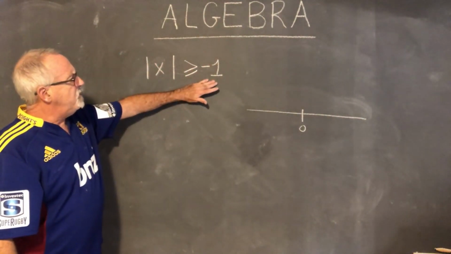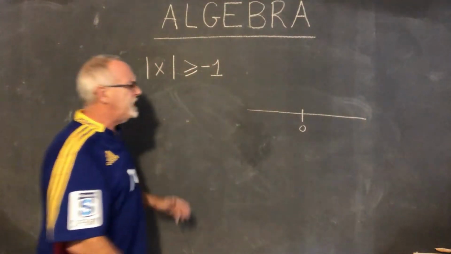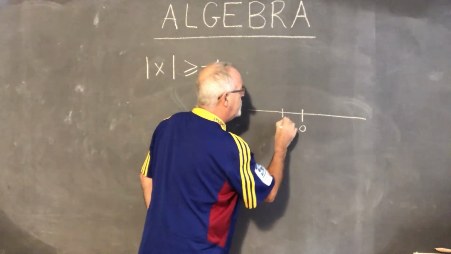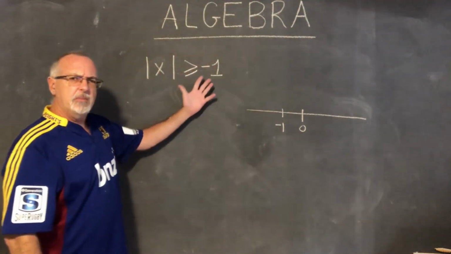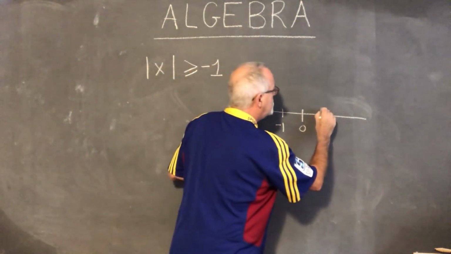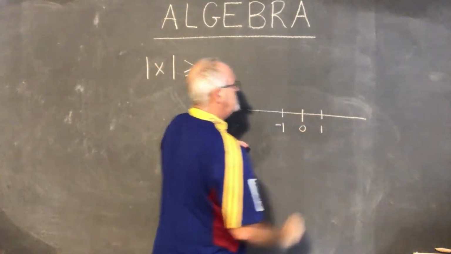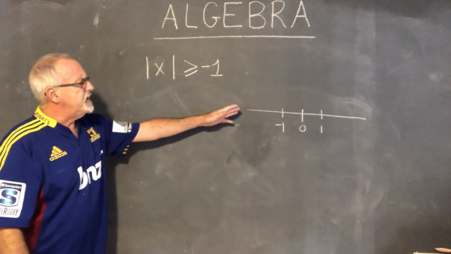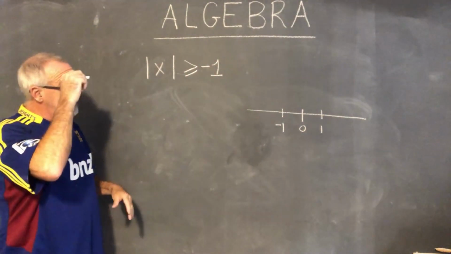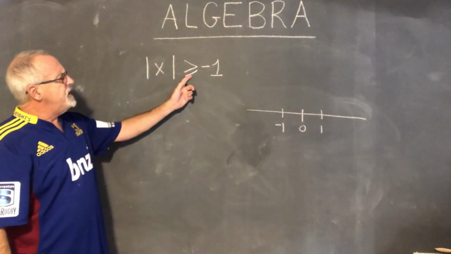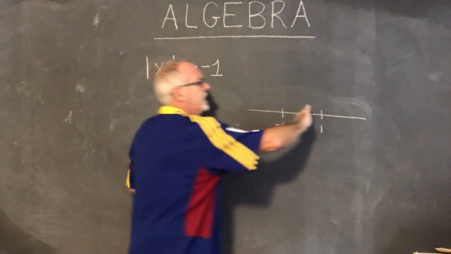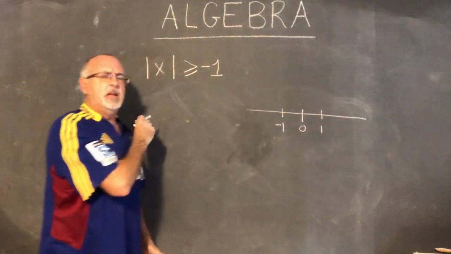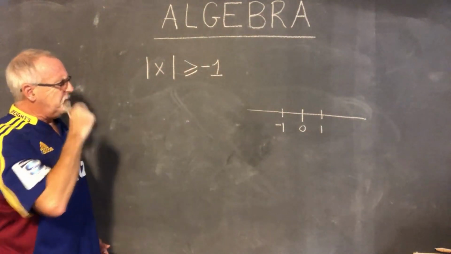And I see -1, so I think that -1 might be involved in my answer, so I'm going to show it. 1 might also be involved in my answer, so I'll show that as well. Not sure whether I need to specifically show any other numbers on the number line. It's a greater than. So greater than usually means we're shading on the outsides of the two circles.